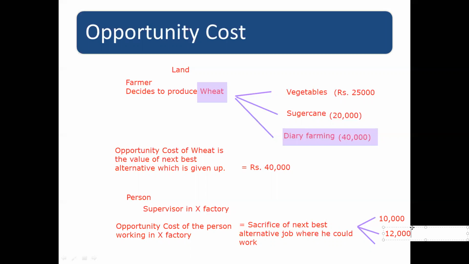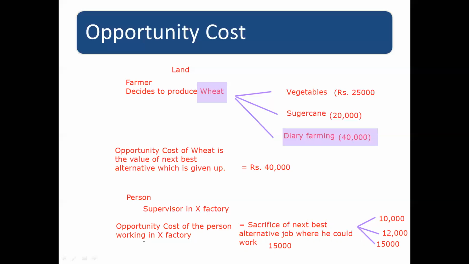He had an offer which he didn't join, and in the third factory he had an offer of 15,000. Now his next best alternative is 15,000. So we'll say the opportunity cost of the person working in X factory is 15,000. Now, why did he decide to work in X factory?